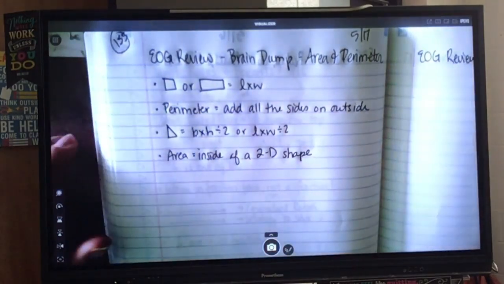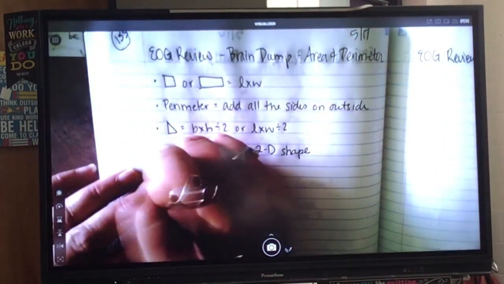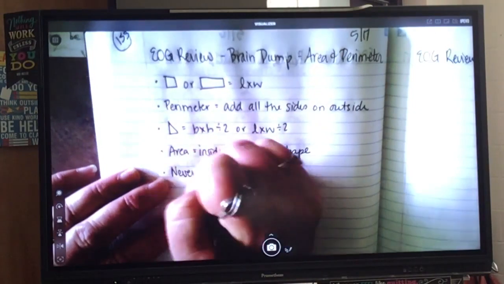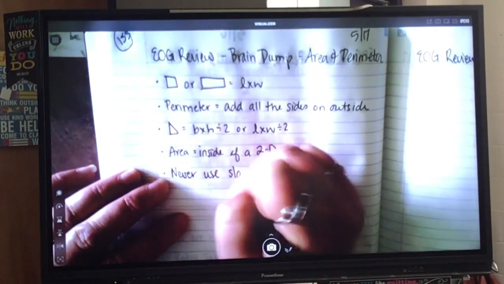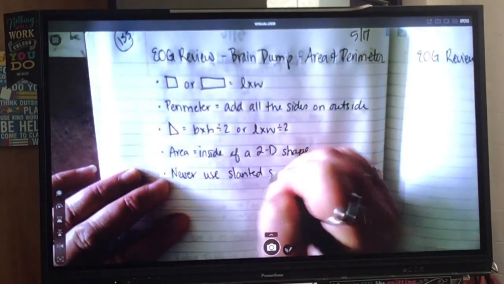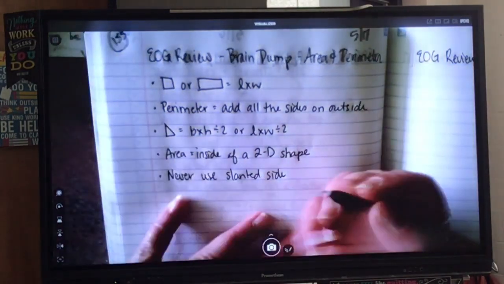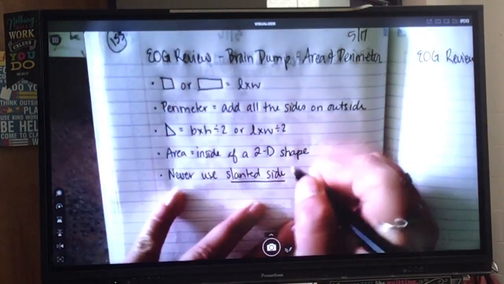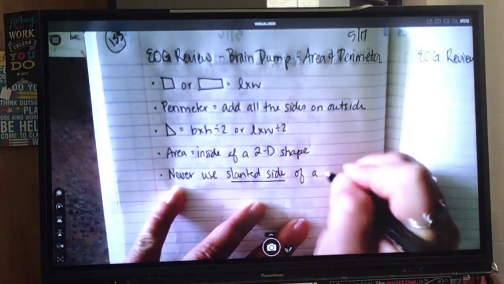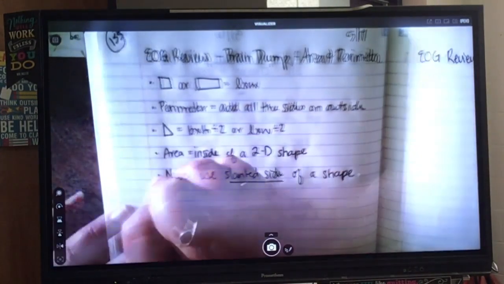Whatever you use instead of a triangle for height. Just a triangle or any shape that's slanted. So whenever you use the slanted side of a shape for what? For height.